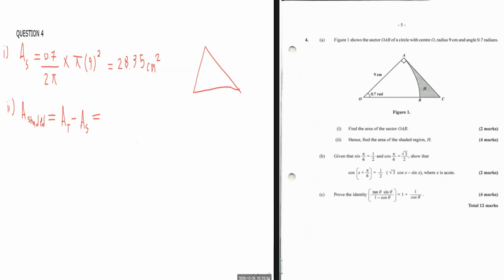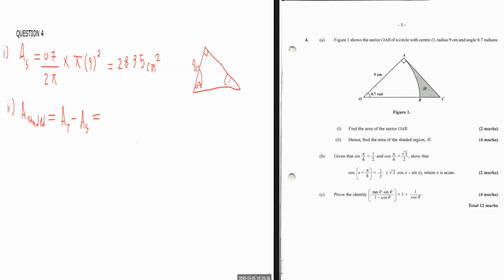So in order to find the area of this triangle, we need to know another side, right? But we know that this angle is 90 degrees. We know that this side is 9 centimeters. And we know the angle right here is 0.7, and that's in radians.